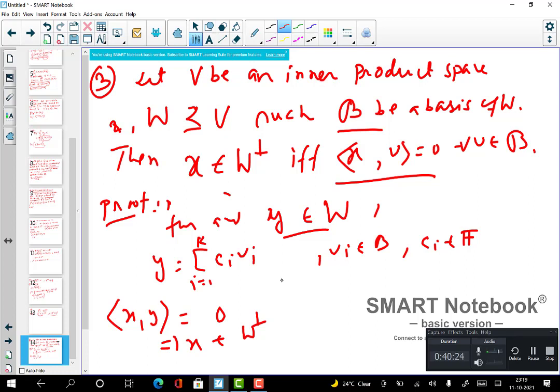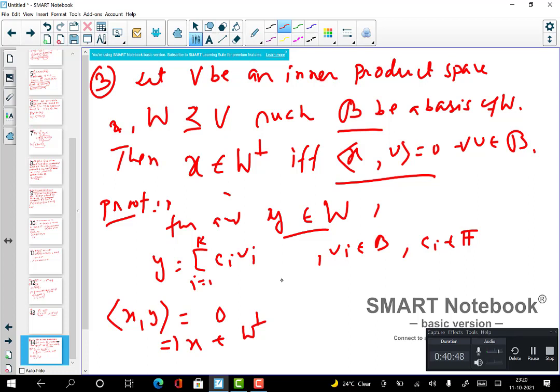The question is that if we have a finite dimensional subspace, can you find some kind of nearest vector to any given vector?